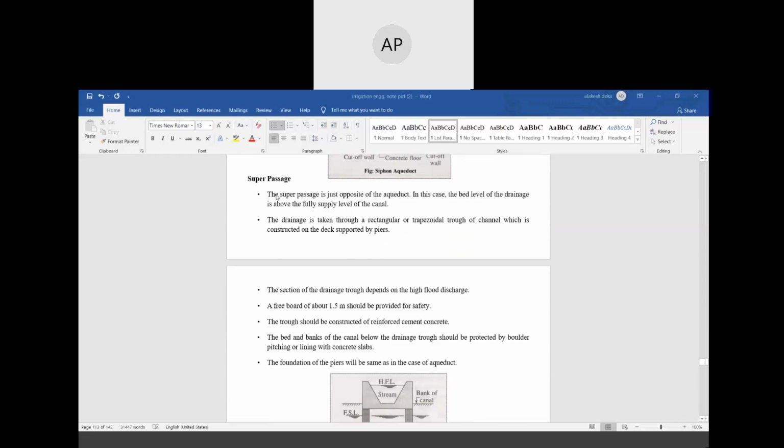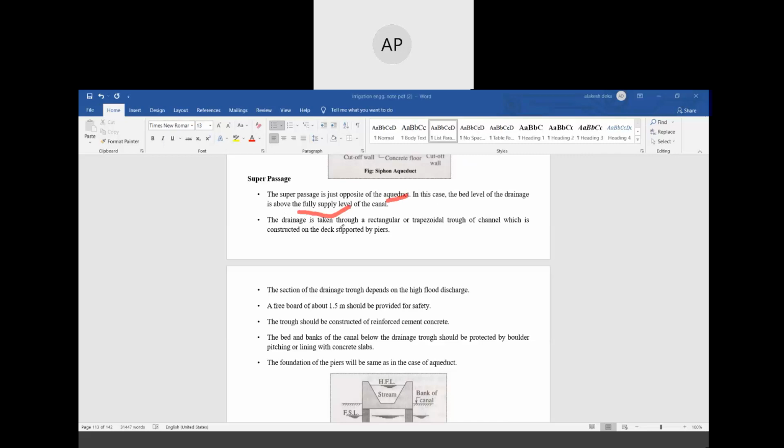So what is a super passage? What is the function of a super passage? It is provided where the drainage is passing over the canal. The super passage is just the opposite of the aqueduct. In this case, the bed level of the drainage is above the full supply level of the canal.